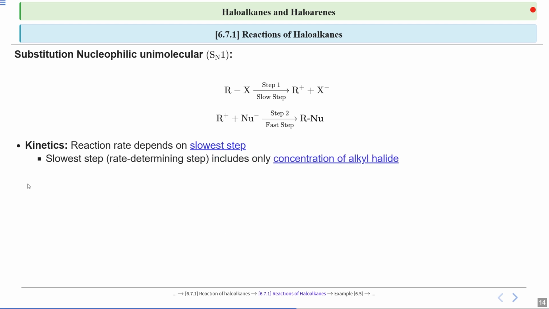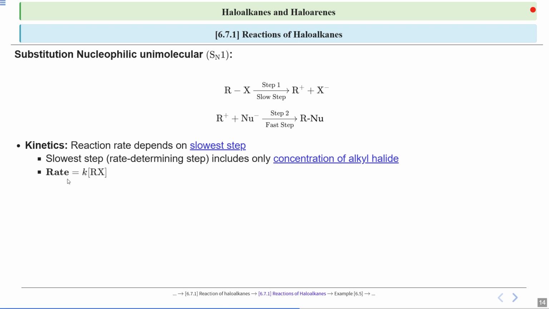The rate determining step includes only the concentration of the alkyl halide. While writing the rate law, we consider the concentration of the reactant. In step 1, the slowest step, the only reactant is the alkyl halide, so we include only its concentration in the rate.